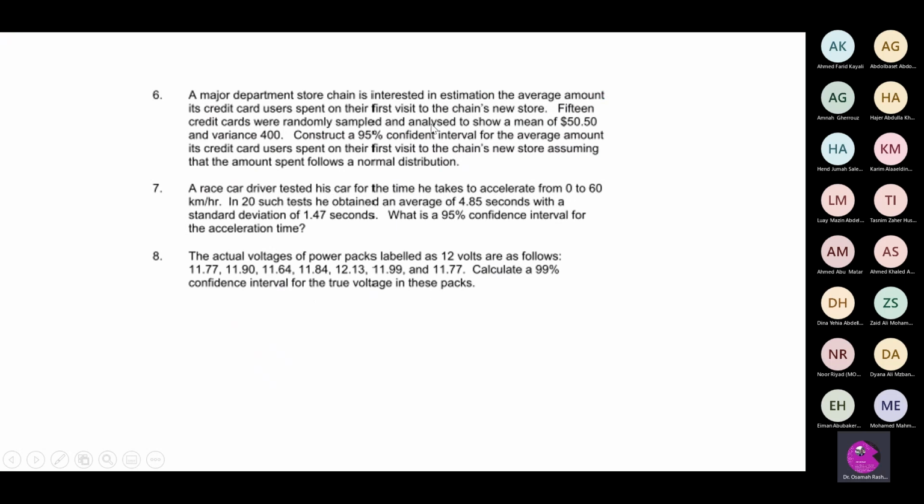He said the random sample with size, with the mean 50 and variance 400. So this is for what? For the sample, not for the population. Catch it? The other two questions.